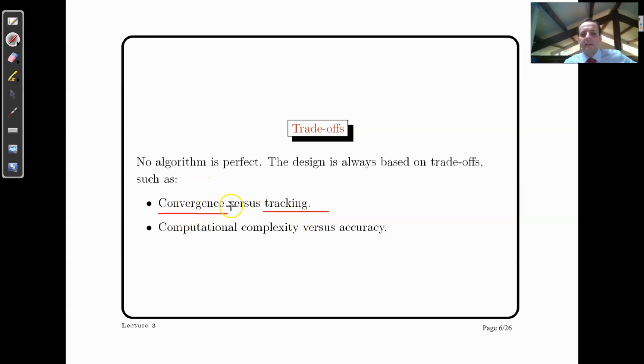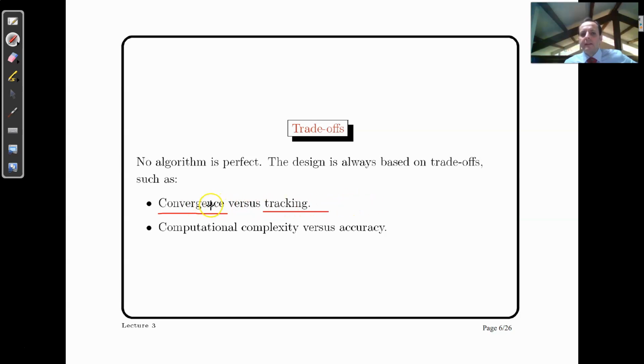We will see later in a couple of examples that if you require fast convergence, the tracking of your variables or parameters is not very accurate.